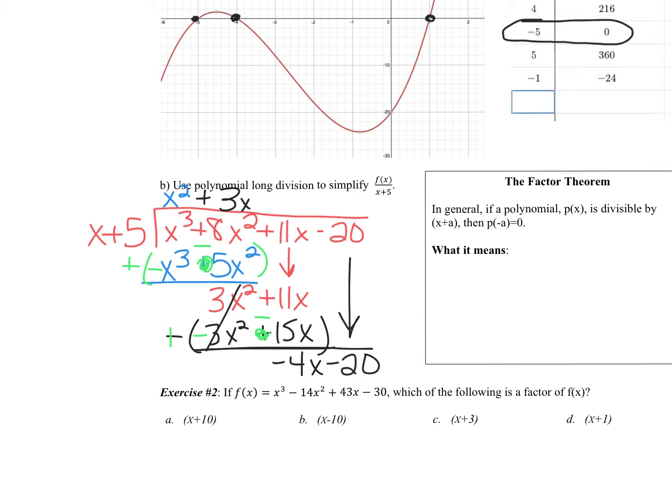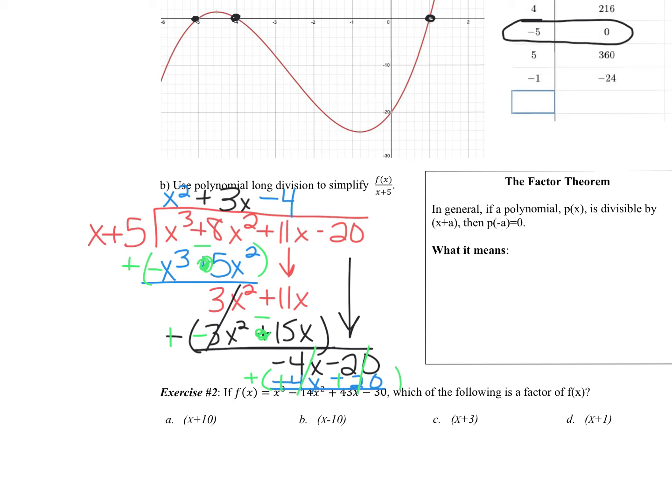So x goes into -4x, -4 times. So we have -4x, 5 times -4 is -20. Then when I subtract and change the signs, I see that everything cancels, and I have a remainder of 0.